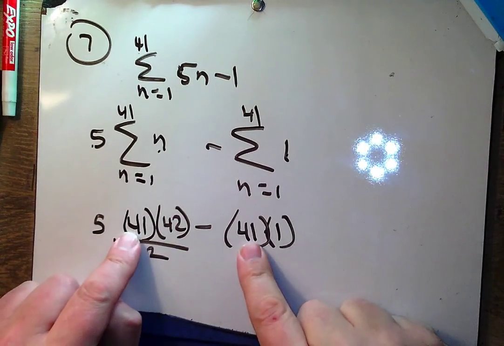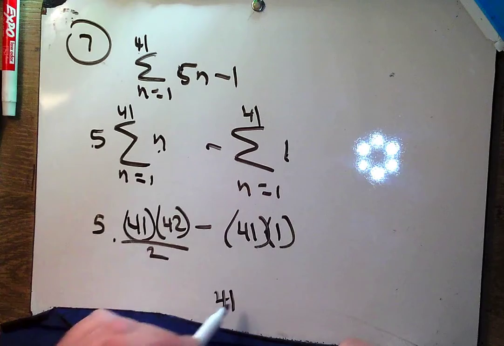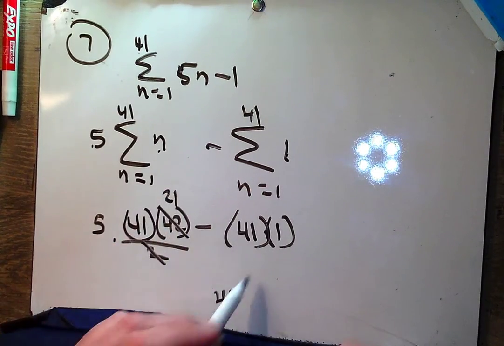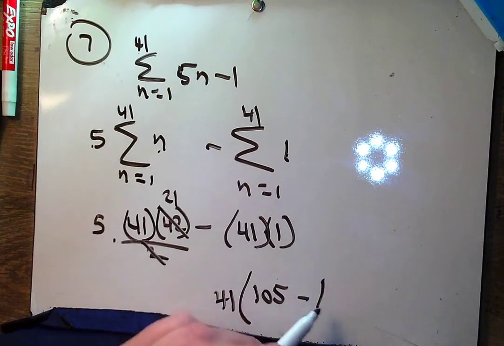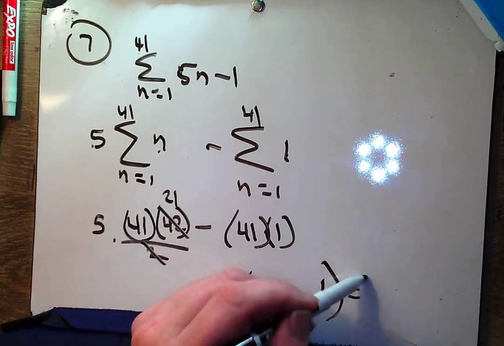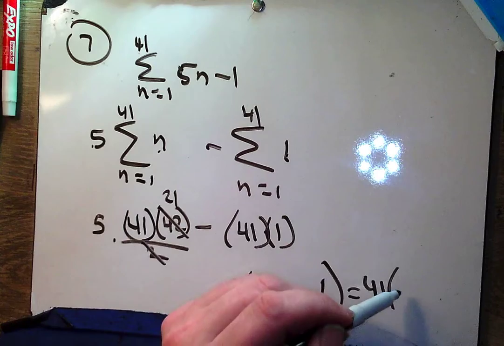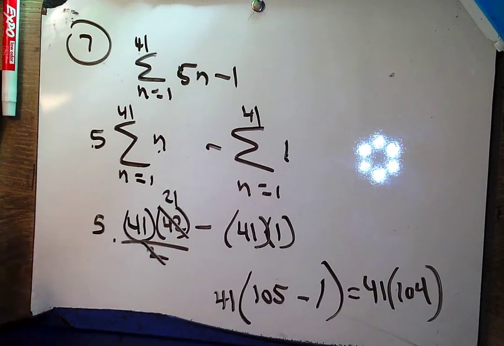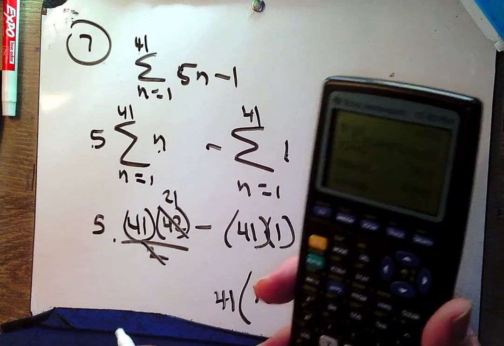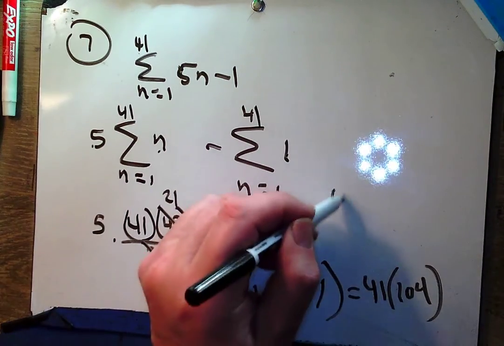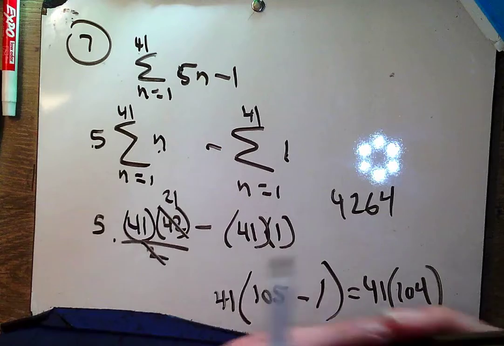So, oh look, I could pull a 41 out of both of those. I could divide that by 2. So I'm going to have 41 times 104, and I get 4264.